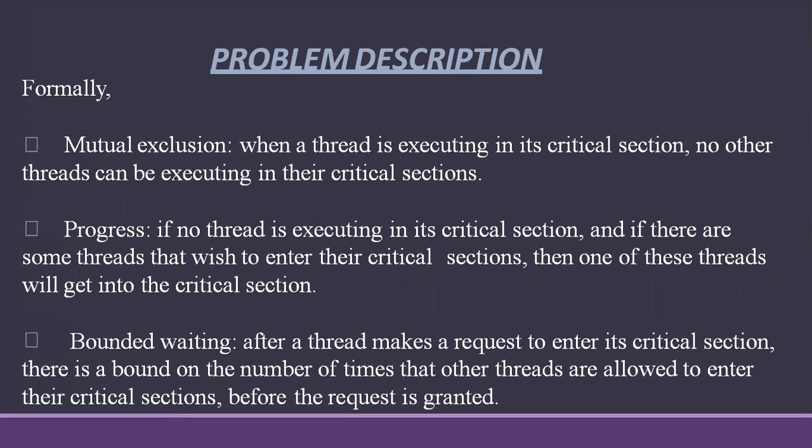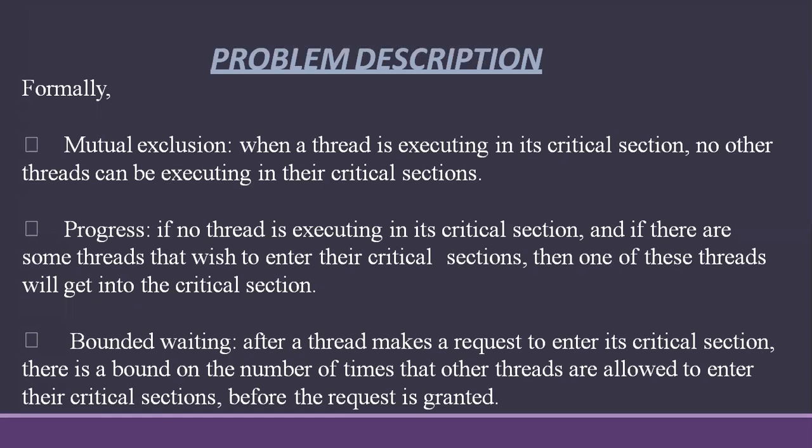In mutual exclusion, if a process Pi is executing in its critical section, then no other processes can be executing in their critical sections. In progress, if no process is executing in its critical section and some processes wish to enter their critical section, then only those processes that are not executing in the remainder section can participate in the decision on which will enter its critical section next, and this selection cannot be postponed indefinitely.